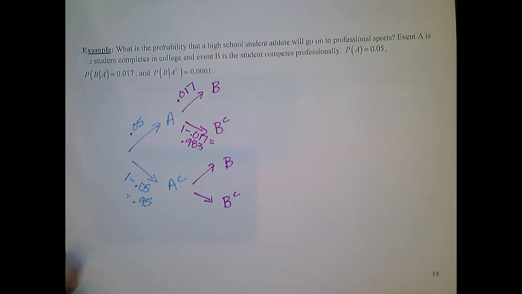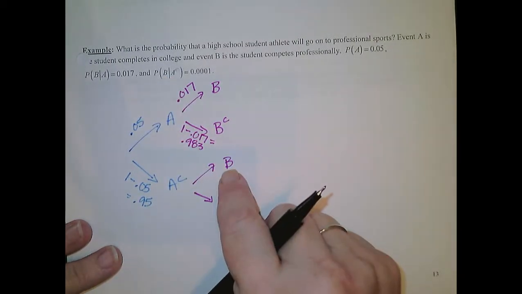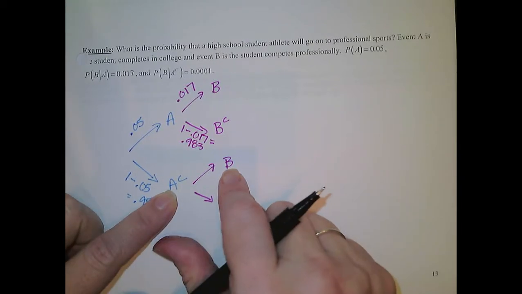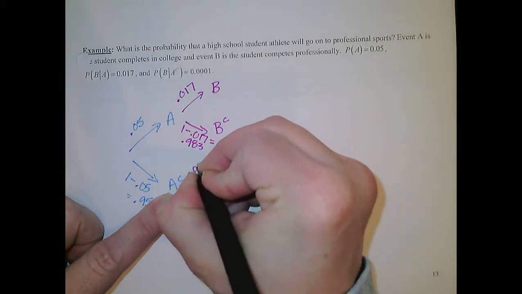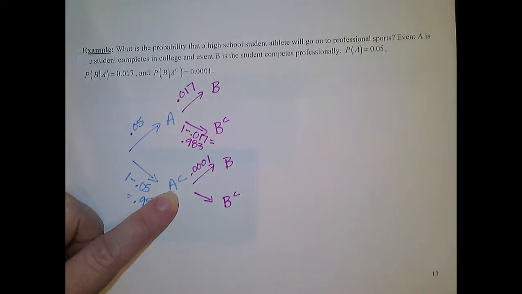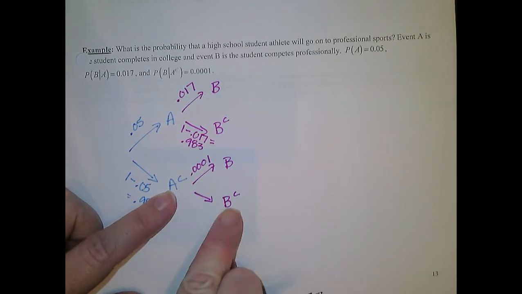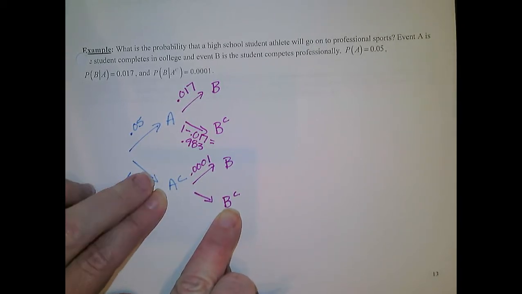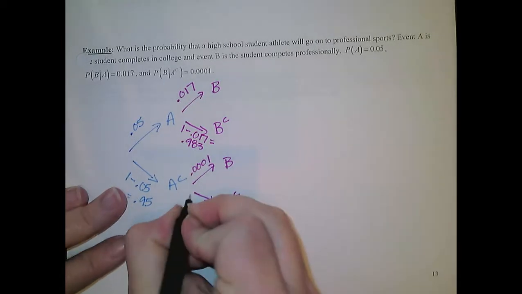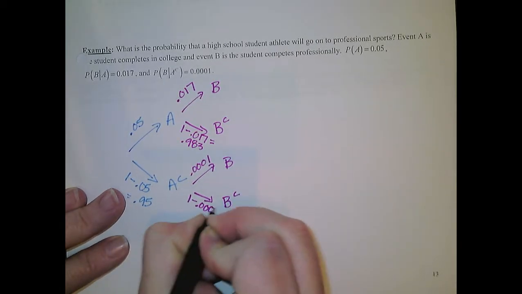They've also told us that the probability of B happening given that A didn't happen is 0.0001. So the probability of B not happening given that A also didn't happen would be 1 minus 0.0001, 0.9999.